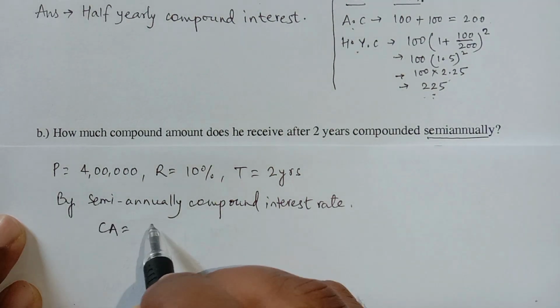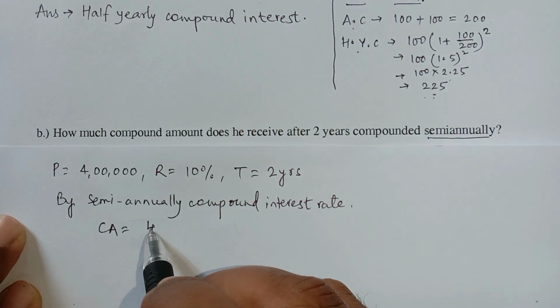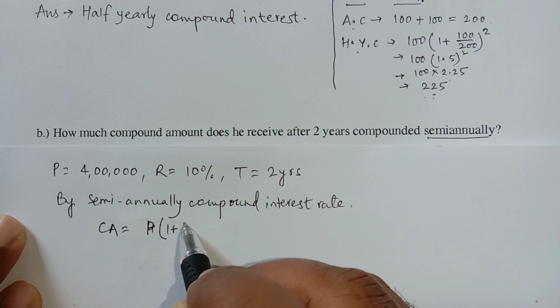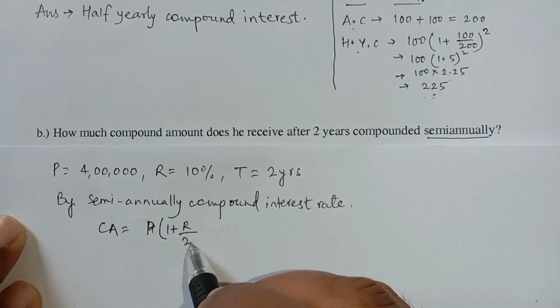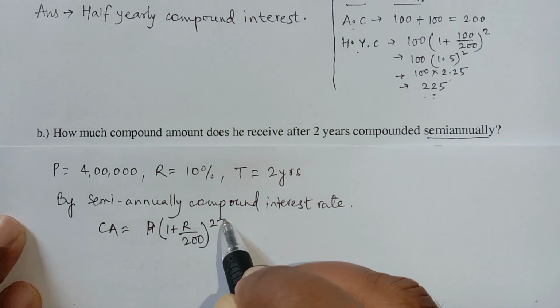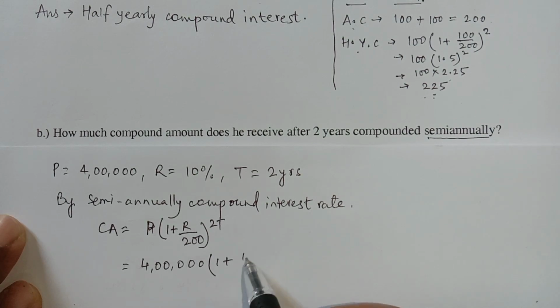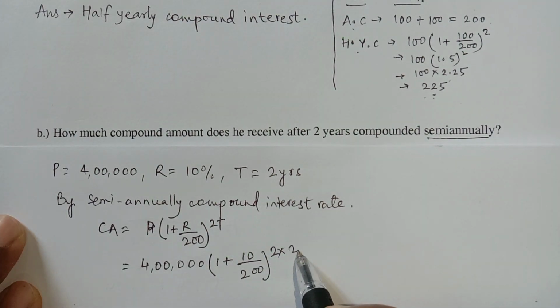Compounded amount equals, we have the formula P times (1 plus R by 200) power 2t. So principal is 4 lakhs into (1 plus 10 by 200) power 2 into time, which is 2 years.